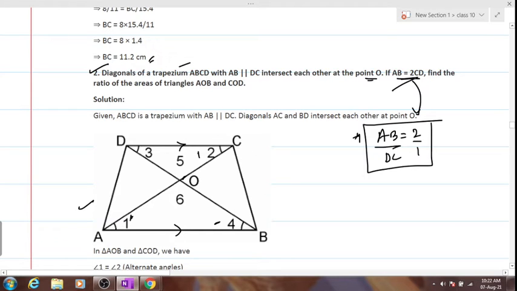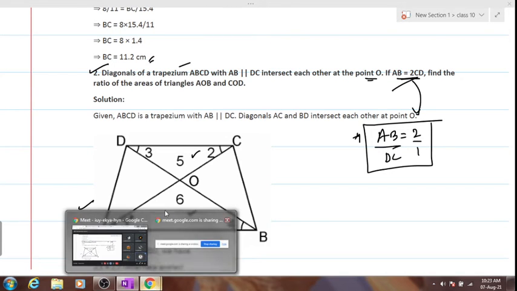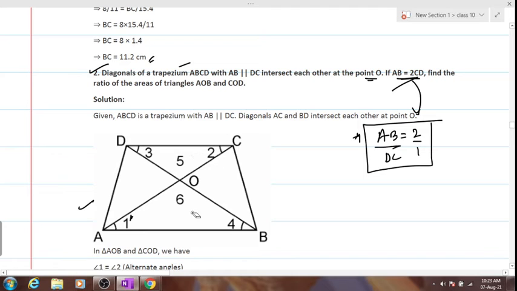We have to show that the areas of this triangle and this triangle are in the ratio. Before trying to find the area, we'll have to show that these two triangles are similar. Can anybody tell me what will be the criteria for the similarity?